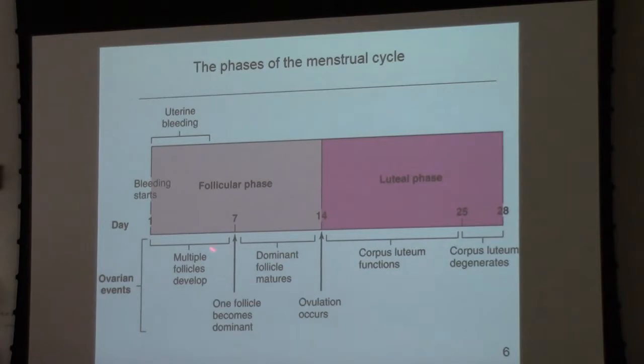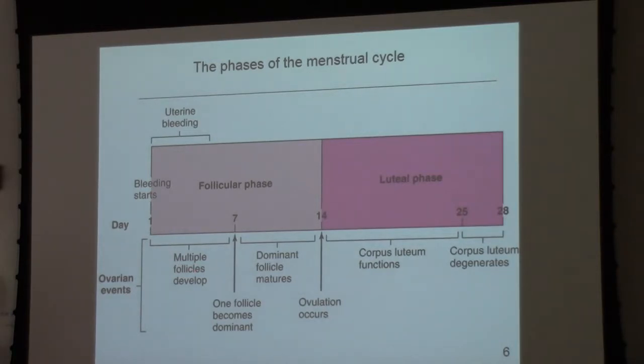And during the follicular phase, as the uterus is shedding its endometrium, with uterine bleeding, the ovary is allowing multiple follicles, each follicle containing an oocyte, to develop. Multiple follicles develop during the beginning of the follicular phase.